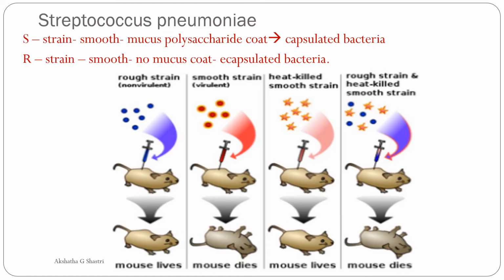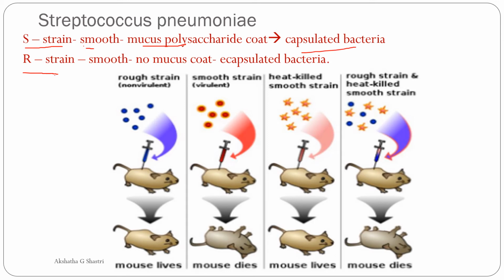Let us look at Streptococcus pneumoniae in detail. I had already told you that there are two different kinds of strain. The one is the S strain and the second one is the R strain. S refers to smooth. That means the S strain bacteria have a mucus polysaccharide coat. That means a capsule will be present and hence it is called a capsulated bacteria.